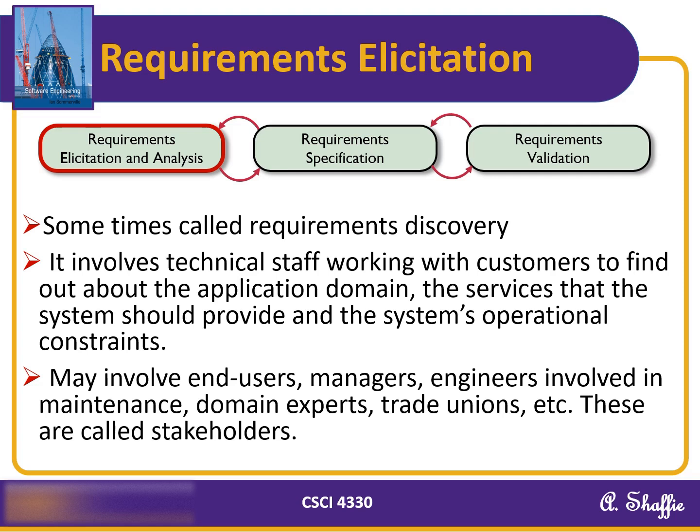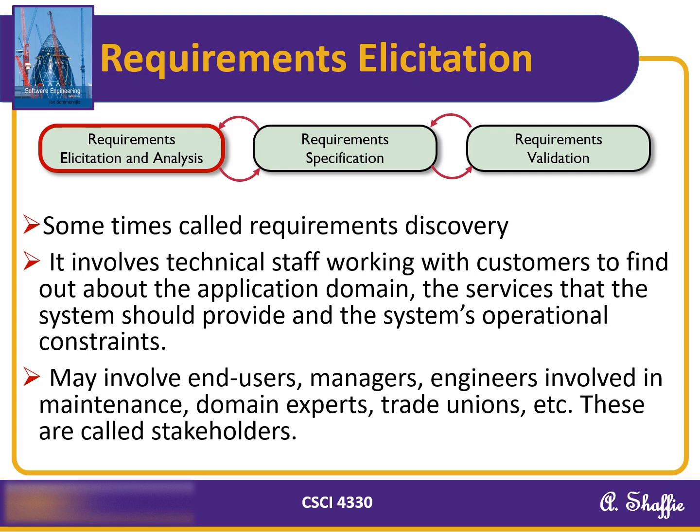As we mentioned before, the requirement engineering process consists of 3 main activities, which are requirements elicitation and analysis, requirement specification, and requirement validation. Let's talk in detail about each activity, and let's start with requirements elicitation and analysis, which sometimes they call requirements discovery.